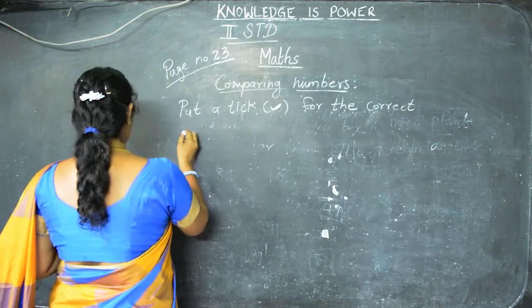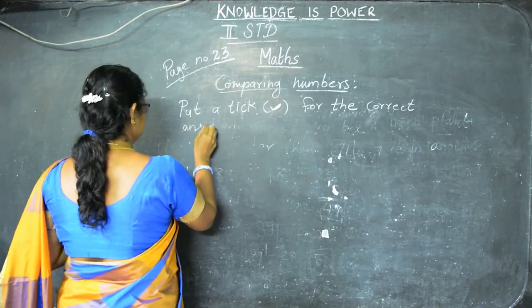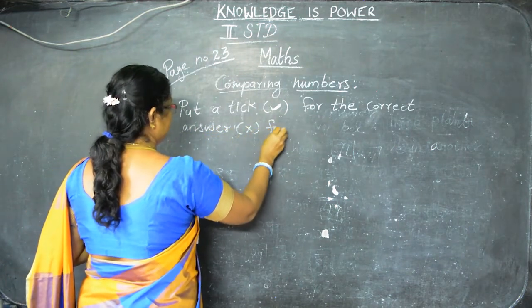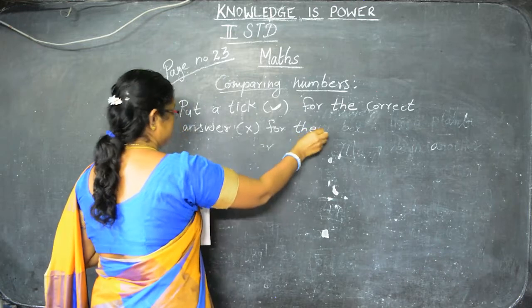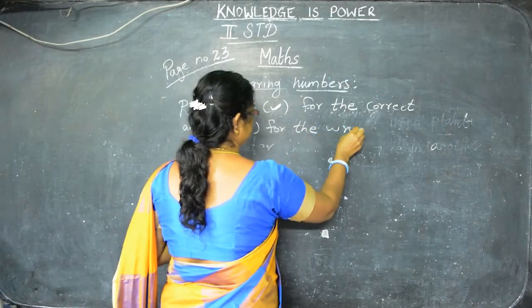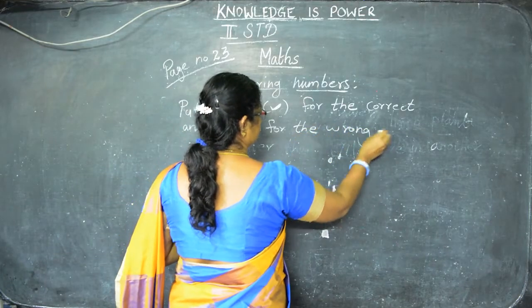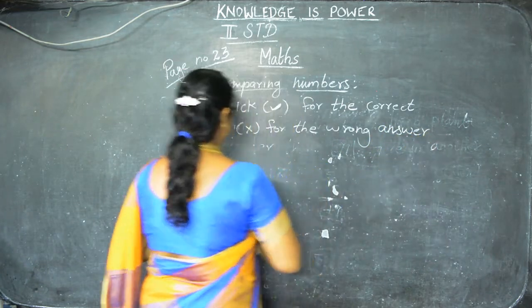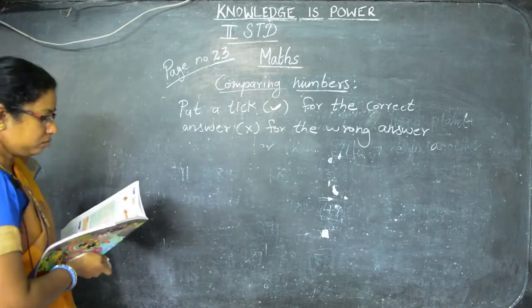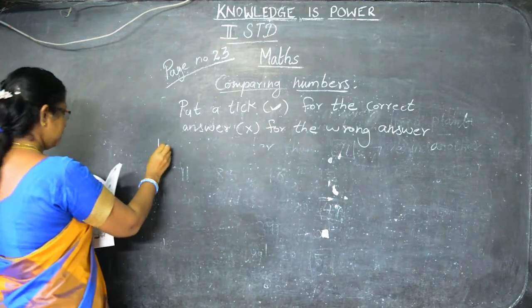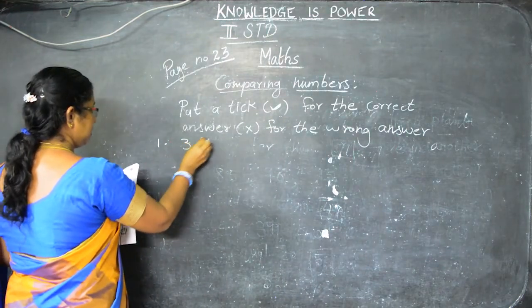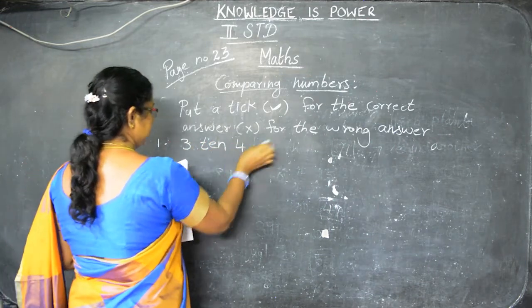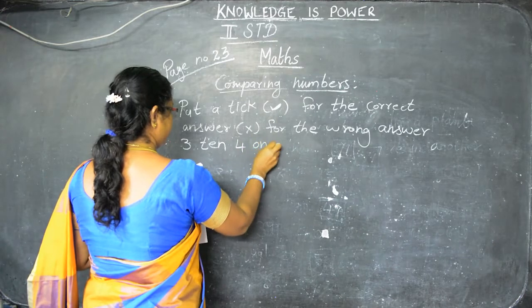You should put tick for the correct answer and wrong for the wrong answer. See here children, one is given 3 tens, 3 tens, then 4 ones.